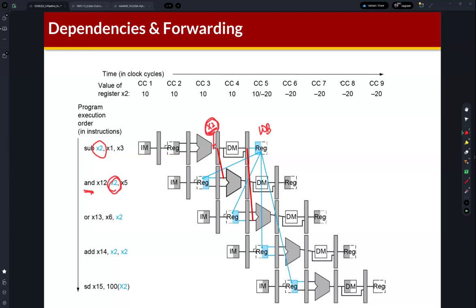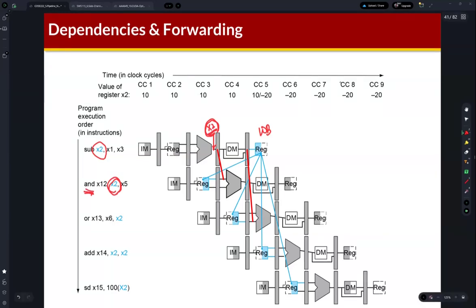And in order to perform the AND operation, you know the AND operation is performed by the ALU. So for this AND instruction, we require data at this point.